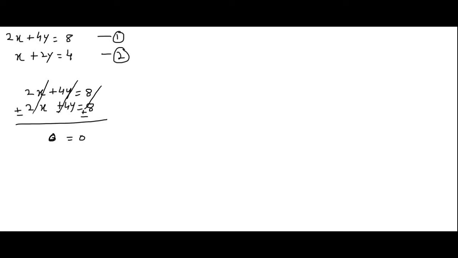Now, in the criteria set, when 0 is equal to 0, we have many solutions. So the answer of this system is many solutions. So we have solved this system.